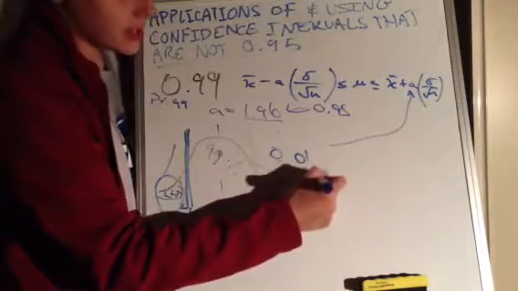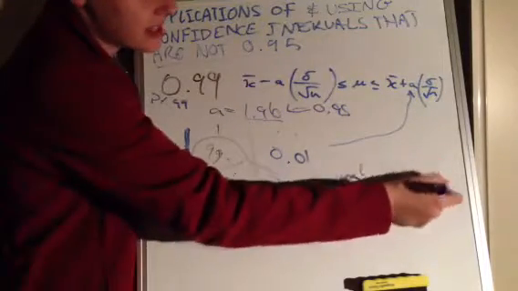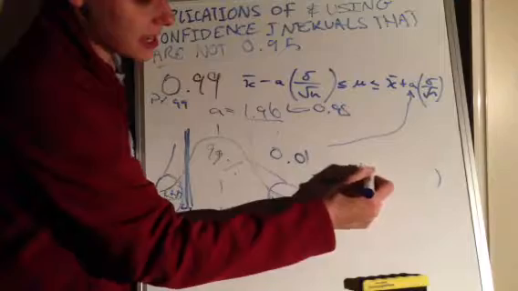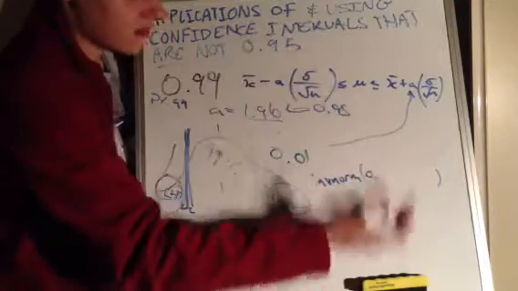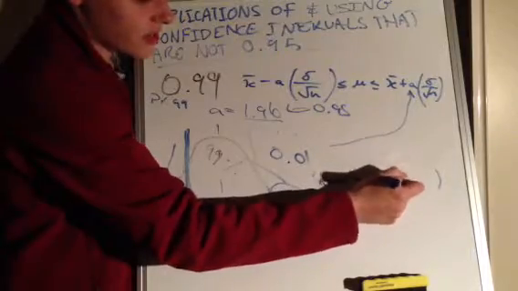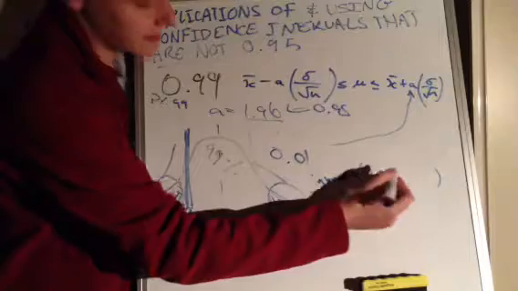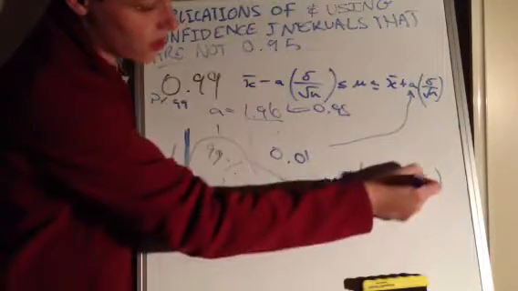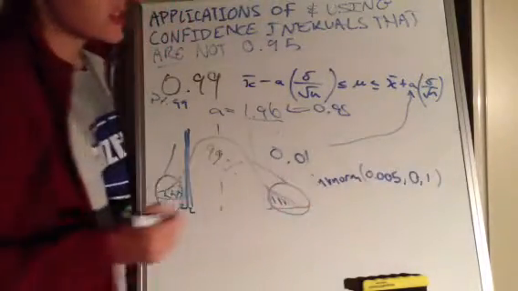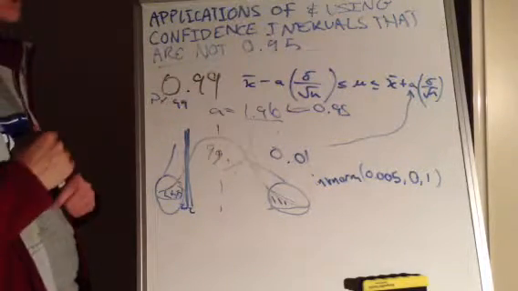So if we plug this into our calculator, the actual value of A, the z-score, will be derived from having the area as 0.005, which is half of 0.01. Again, because the bell curve is symmetrical. And, of course, we standardize the distribution because we want a z-score, which in this case is a value of A in the general form.